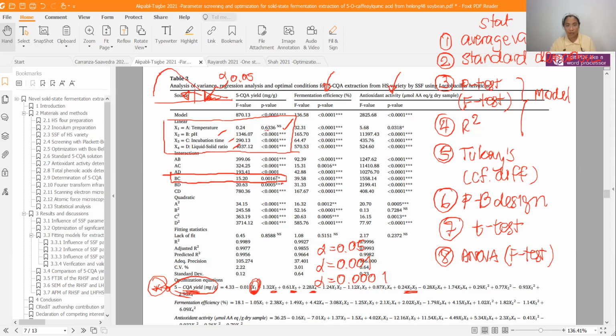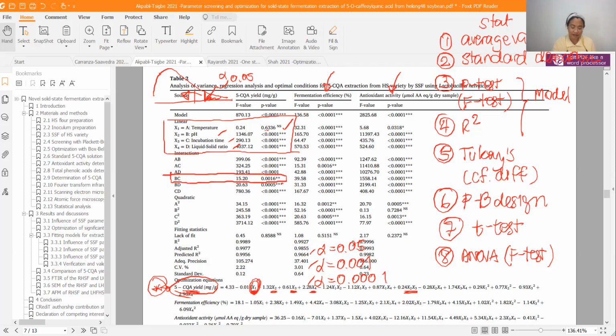But if you compare 0.0016 to 0.001, this one is higher than the second value. So that means that if you test at alpha of 0.001, this interaction BC becomes insignificant. It's significant in the first value of alpha, but it's not significant in here, and it's not significant in here.